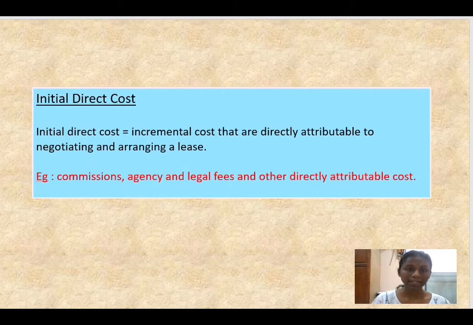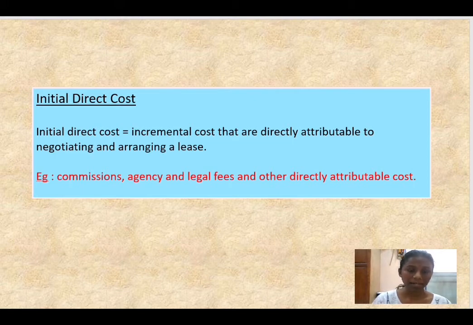Okay, as I said in the previous slide, initial direct costs must be added in the lease receivable. So let's see what is initial direct cost. Initial direct costs are incremental costs that are directly attributable to negotiating and arranging a lease.